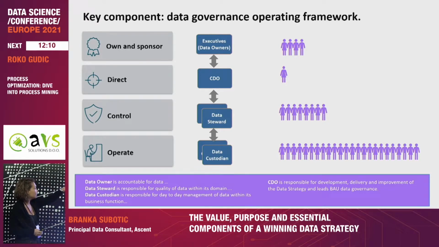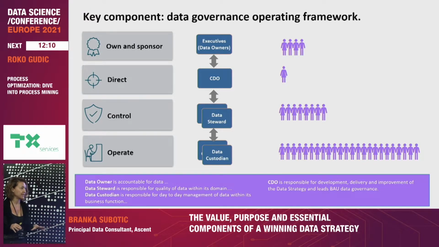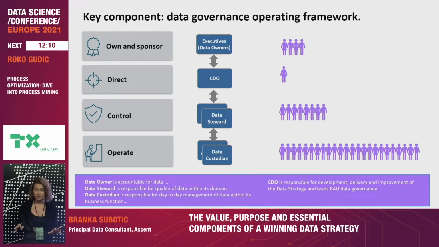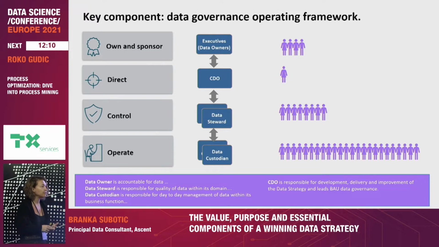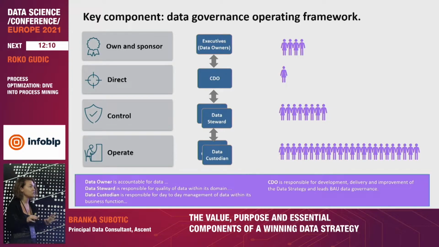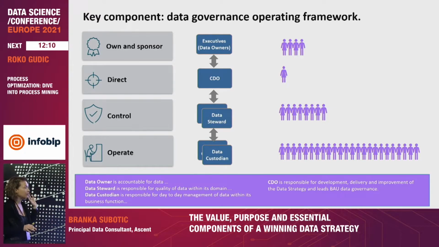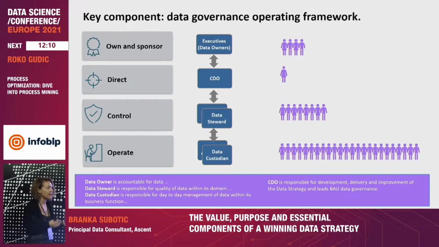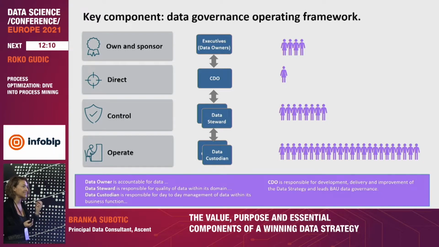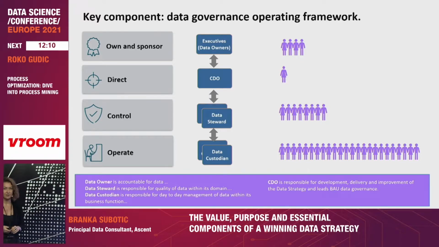So the control function, the direct function, ownership, this is all at enterprise level. So somebody will be in charge of people data for the whole of the company. And they will be regularly checking quality, completeness, accuracy, you name it. They will probably have automatic tools, they will do some manual checks, they will just make sure they have a single source of truth. And single source of truth is what you're after.